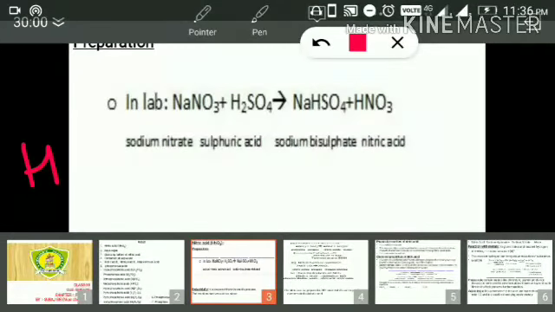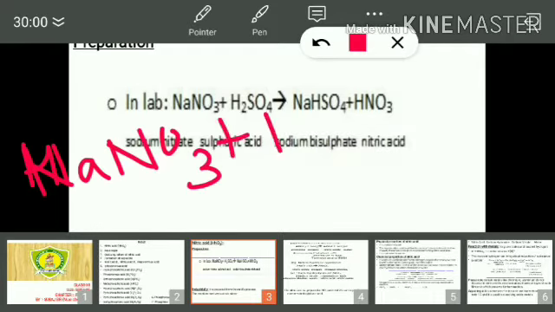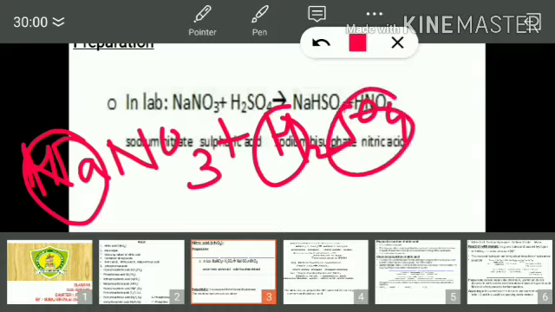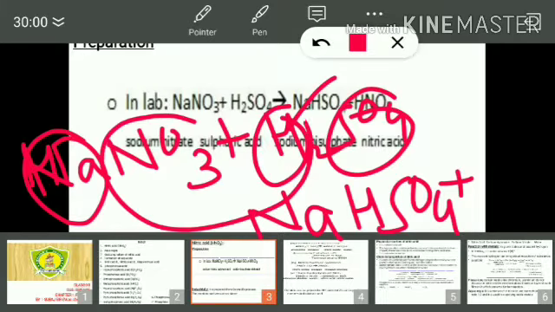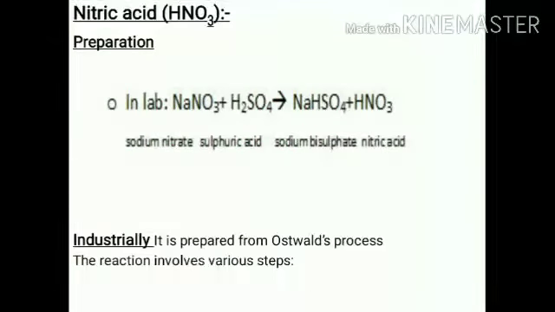Sodium nitrate, NaNO3, reacts with H2SO4. It gives sodium bisulfate, NaHSO4. Then one H is remaining, HNO3, that is the nitric acid. By this method you can prepare nitric acid. Simple method. It is a laboratory method.